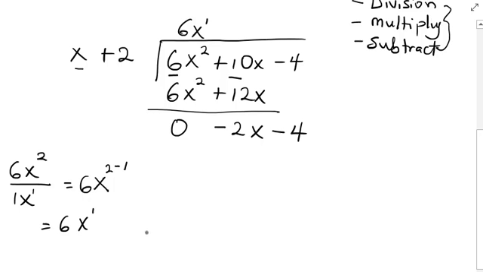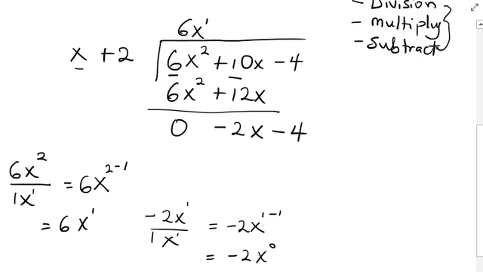So let's look at that down here. Minus 2x divided by x is equal to minus 2 divided by 1, which is minus 2. Then x divided by x will be x raised to power 1 minus 1, which gives x raised to power 0.